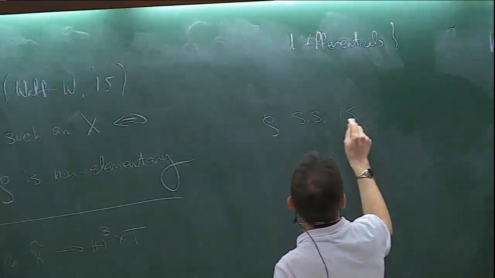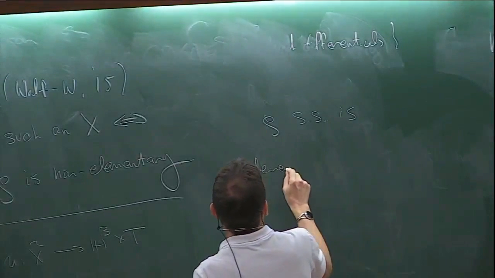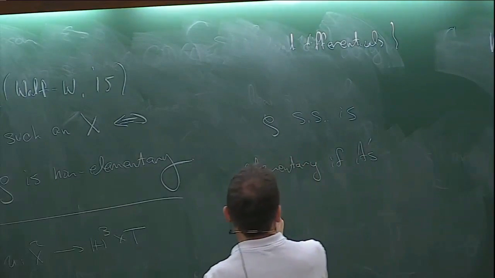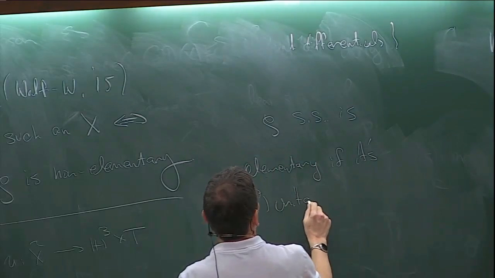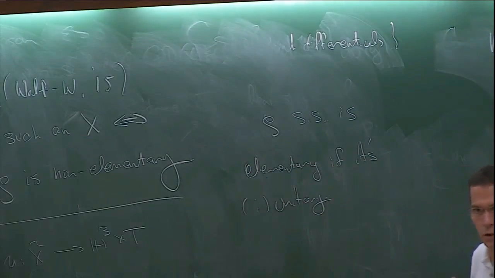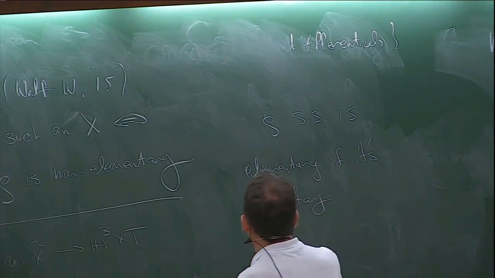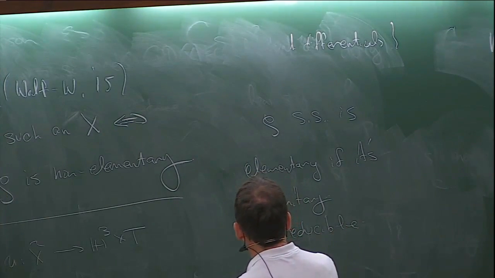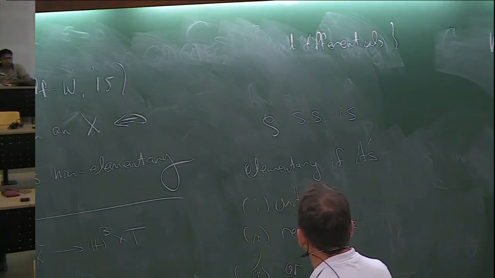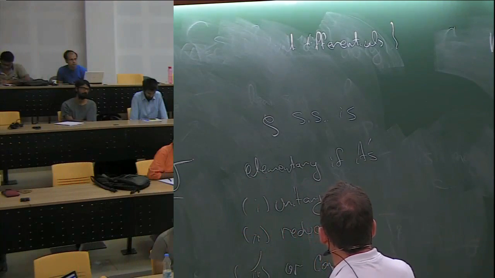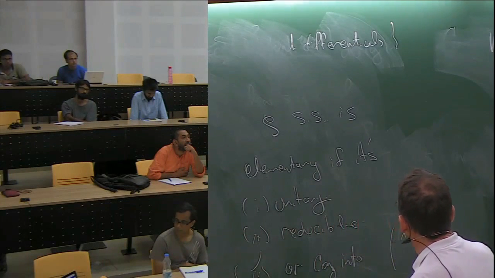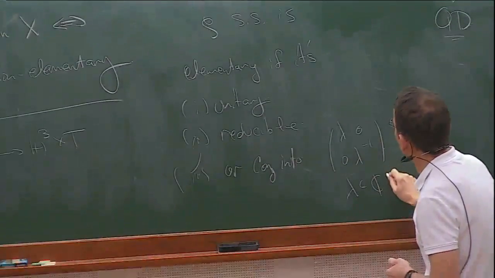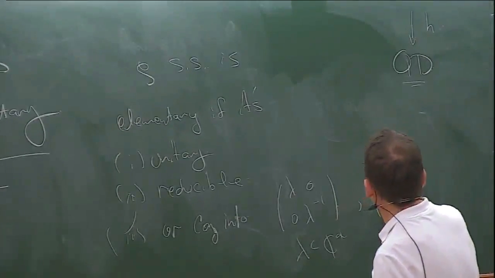Then rho is elementary if it's unitary, so conjugate into the unitary group, reducible, or conjugate into the subgroup generated by matrices of the form lambda, minus lambda, for lambda in C star, and the matrix minus 1, 1.